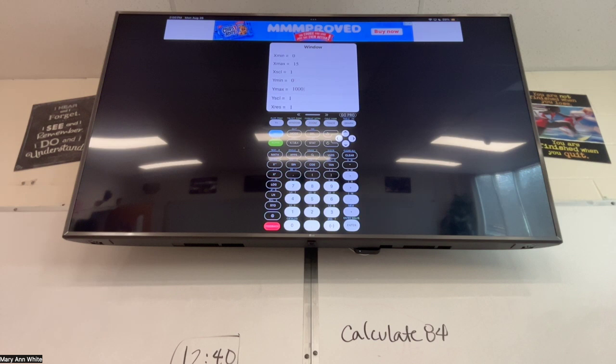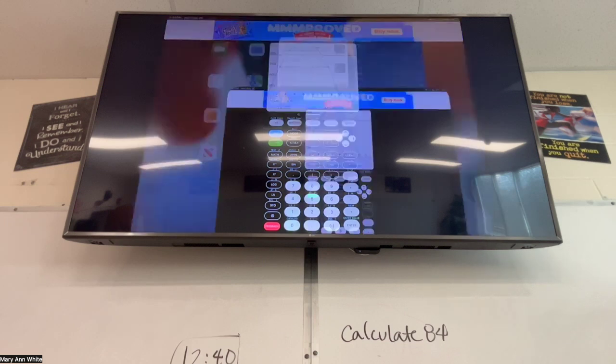You could go 800, you could go 900. Anything there will make sure that you see your line. I'm going to go a little bit higher just so I can really ensure that I see it. Maybe not the most perfect window, but good enough. I am going to make my x max a little bit bigger so I can ensure that I see that bottom. We'll go 20. There we go. So the sketch of my graph looks something like that.